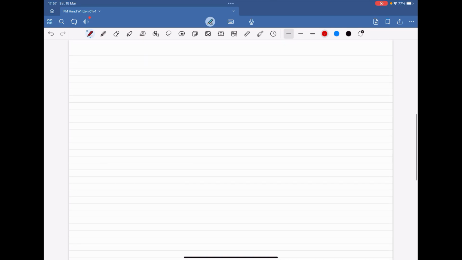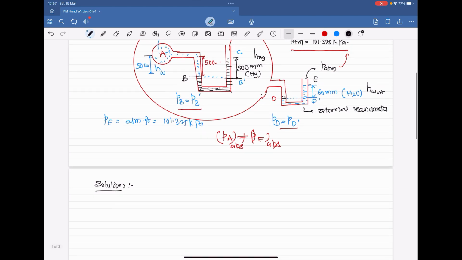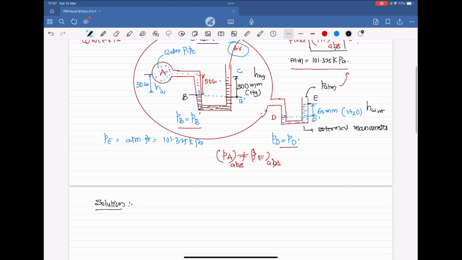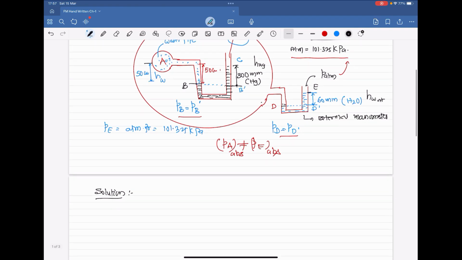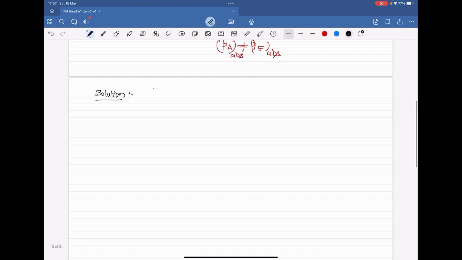Now what is the given data? We are going for the solution. Please try to understand the concepts. What is the data given? P atmosphere is given, equal to PE, that is equal to 101.325 kPa.